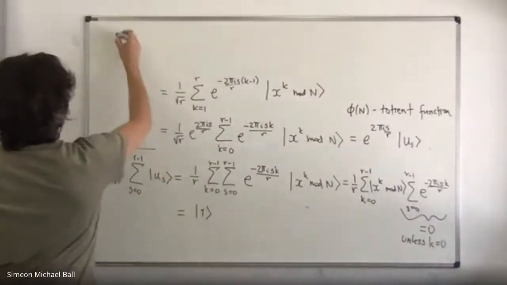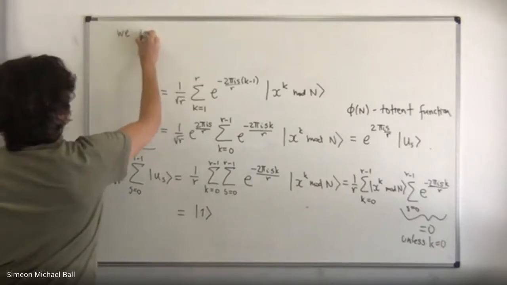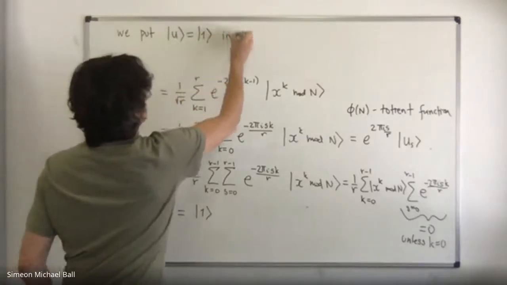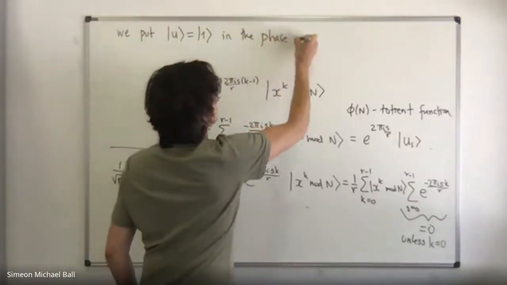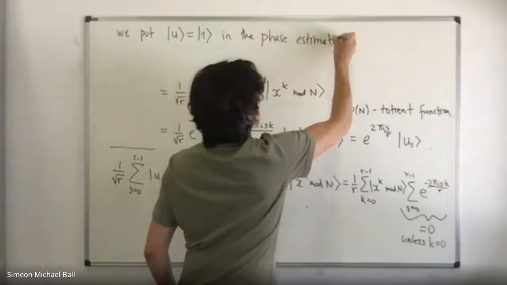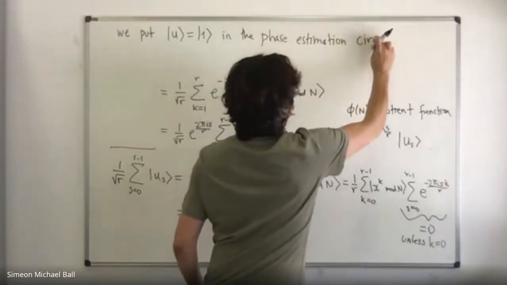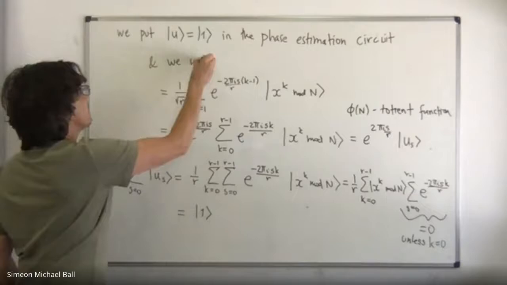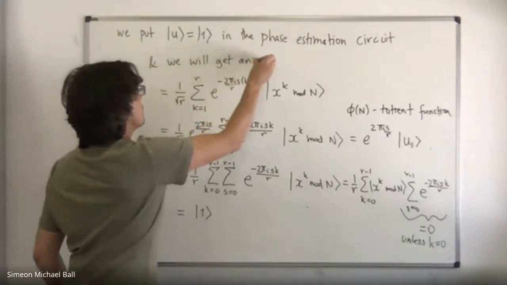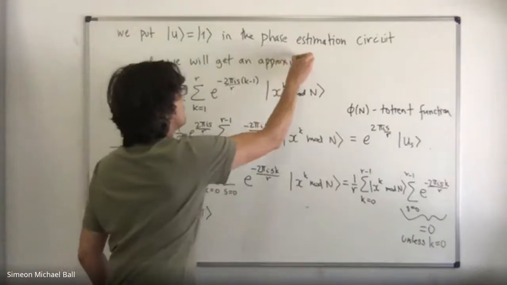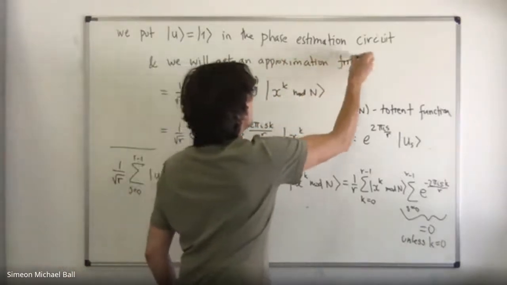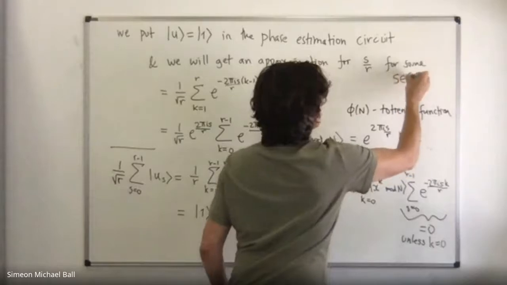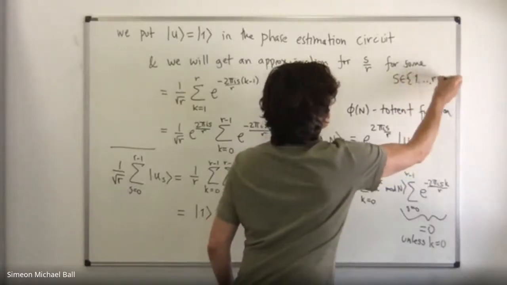We put U equal to 1 in the phase estimation circuit, and we will get an approximation for S divided by R for some S.